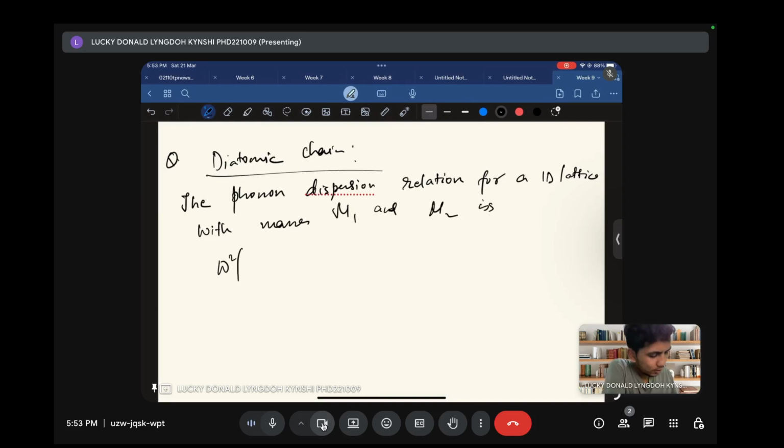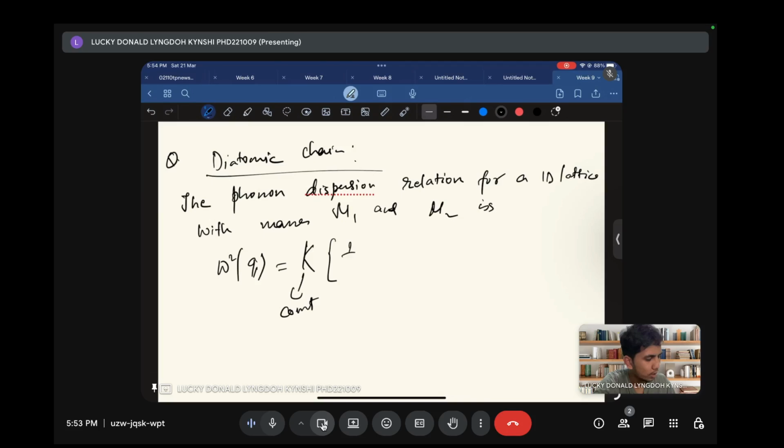This is a frequency. Q is a wave vector here. Don't misinterpret Q as a constant. In the previous case we were talking about k as a wave vector, but here, since there is also a constant term K, this is a constant, not a wave vector. Remember, it's a constant, not a wave vector.